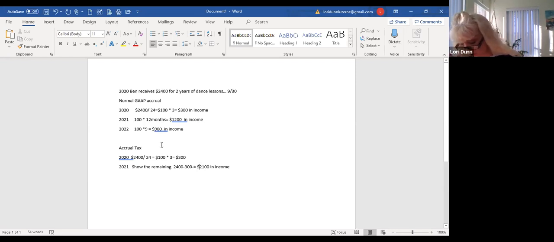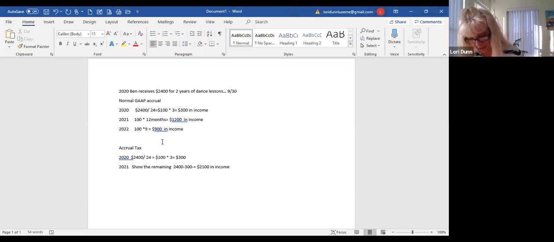On page 919, we have a couple more examples of this. This one deals with Rick. In late November 2020, Rick received a $7,200 payment in advance from a client for a monthly landscaping service. He's going to do it from December 1st, 2020 through November 30th, 2022, so he's going to be doing it in 2020, 2021, and 2022.